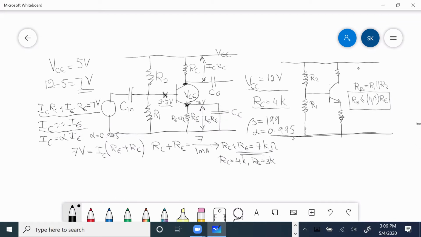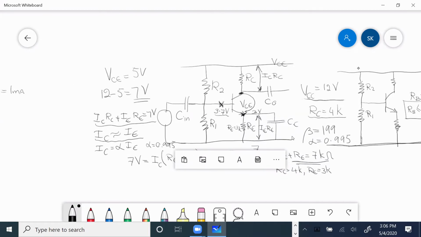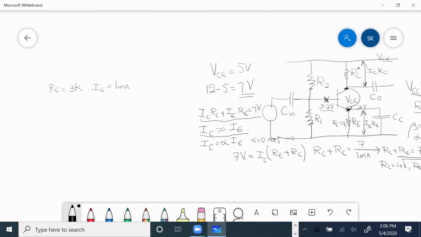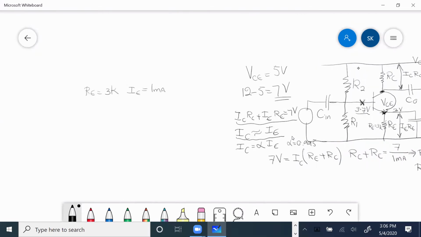But don't forget that for this transistor, the data sheet will tell you. So there's no problem. So VE is 3 volt. VB is, let's call it 3.6 volt for the sake of simplicity.